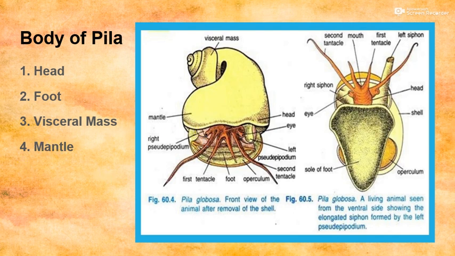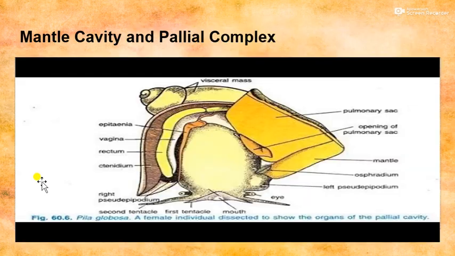Now we see about the mantle cavity and pallial complex. In the anterior part, there is a large space between the mantle and the body. This is the mantle or pallial cavity, which has been shifted to the front by the process of torsion.